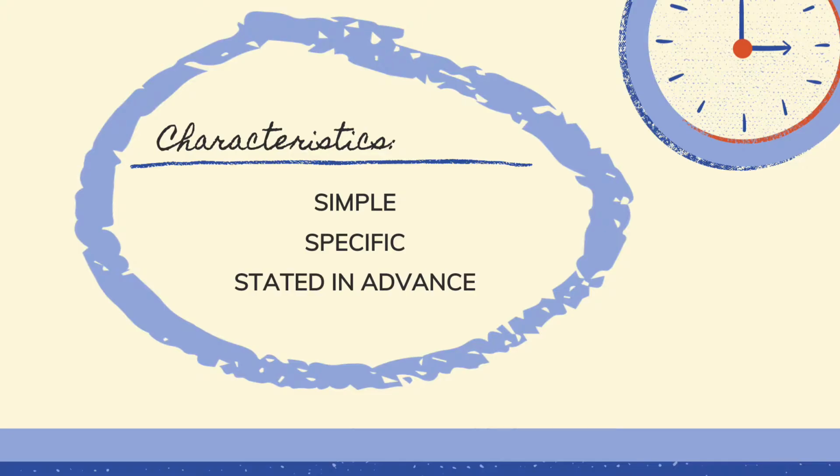Our hypothesis must have the following characteristics in order for it to be considered a good one. It has to be simple, specific, and stated in advance. For example, Tamiflu, an example of oseltamivir, a drug of choice for H1N1, is associated with an increased incidence of acute psychotic manifestations.